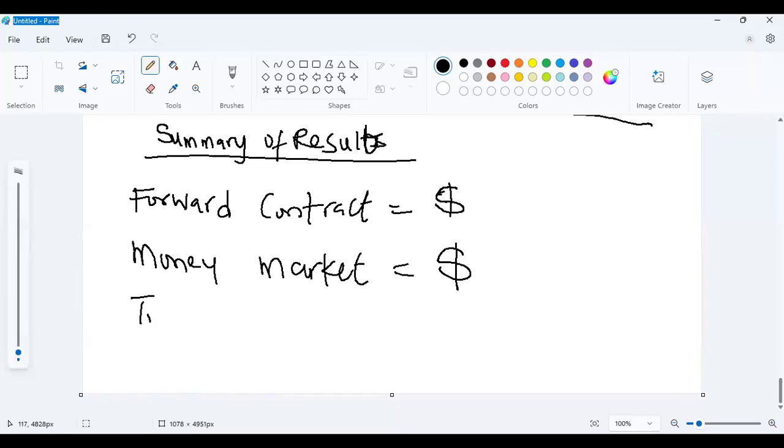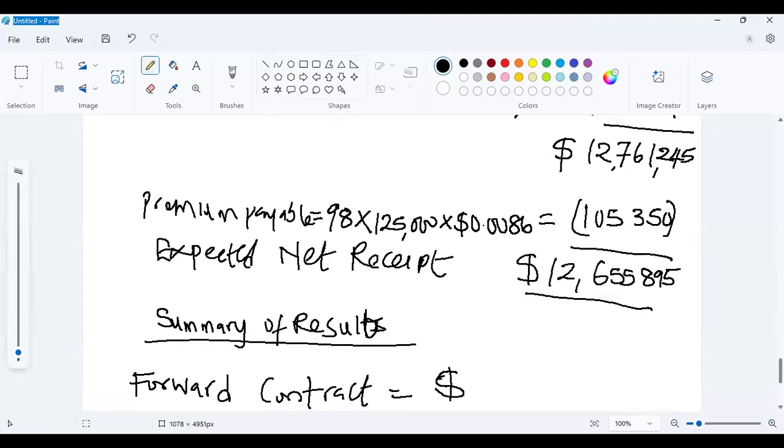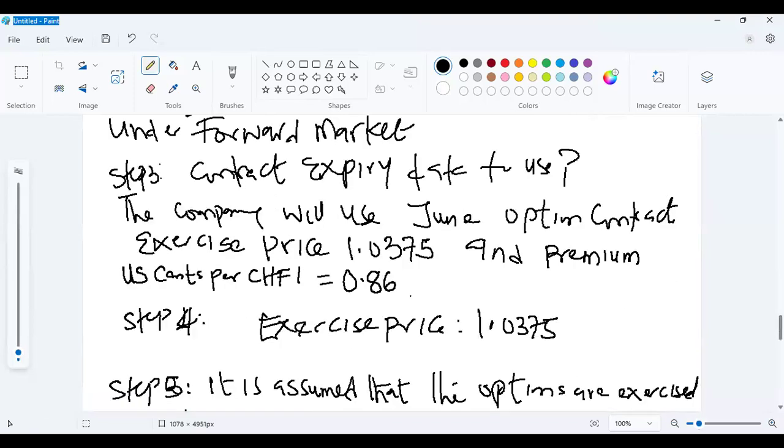We have traded futures. How much are we getting in dollars? Then we have traded options. Under traded options, we are going to get 12,655,895. Under traded futures, how much are we getting?